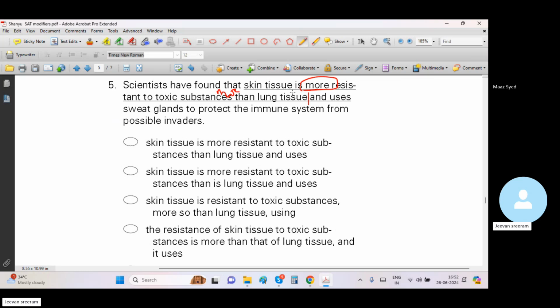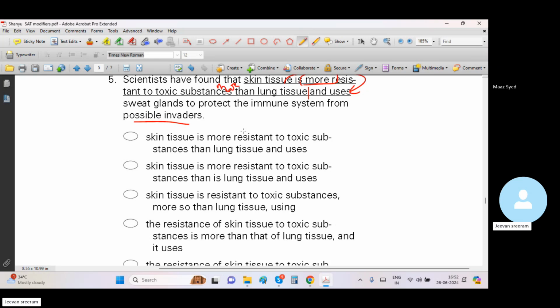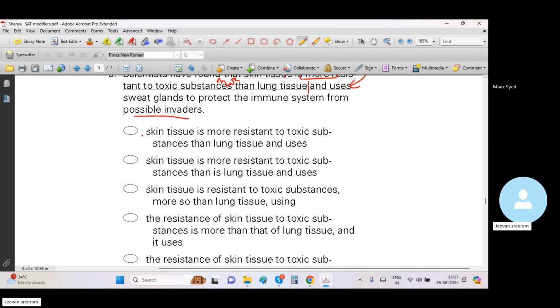I don't see any mistake in it. We might require "is" after "lung tissue." Skin tissue is more resistant to toxic substances than lung tissue is. We have "is" here. You have to keep this.